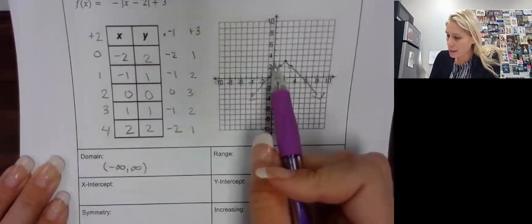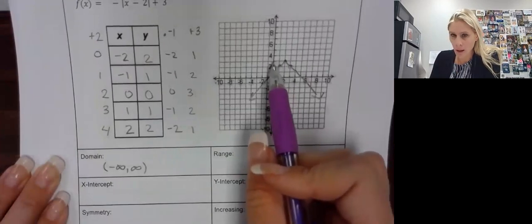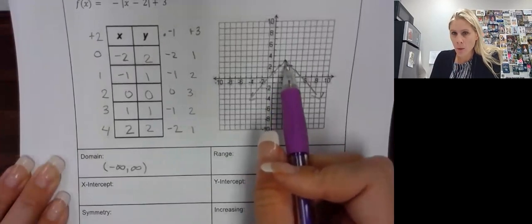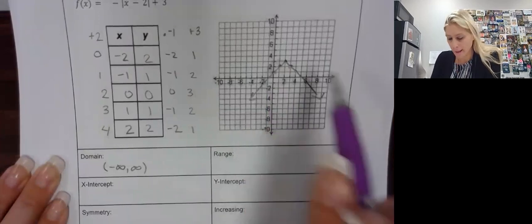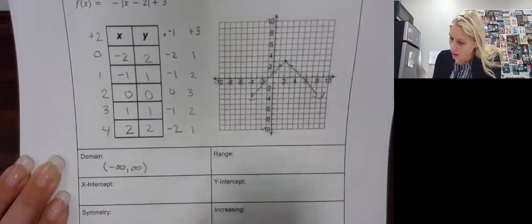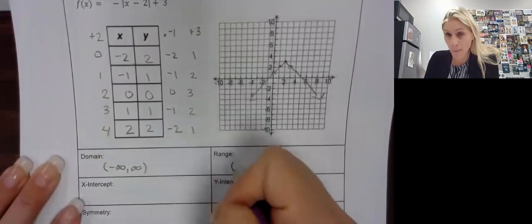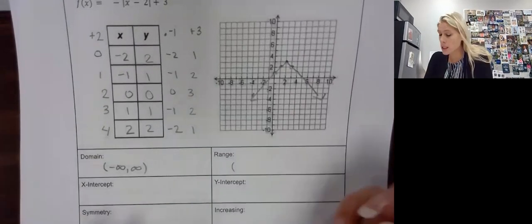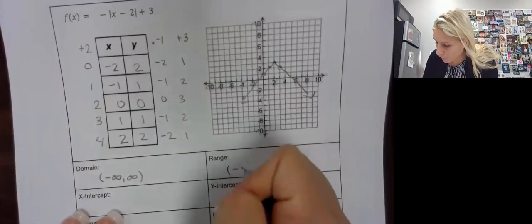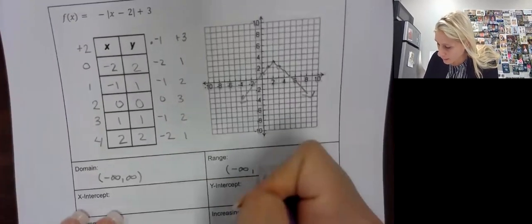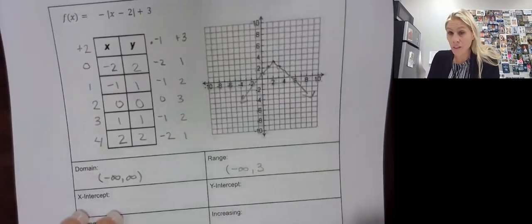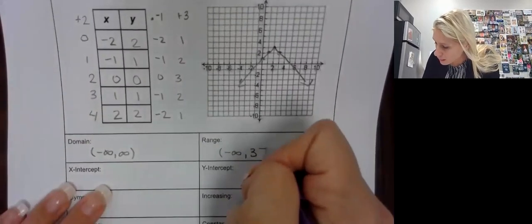And then our highest point that I see on our y-axis here will be at 3. Okay, so the range, the lowest point, remember, because we always go least to greatest, is going to be -infinity. And the highest it goes to is 3, and it's filled in, so it's a bracket.